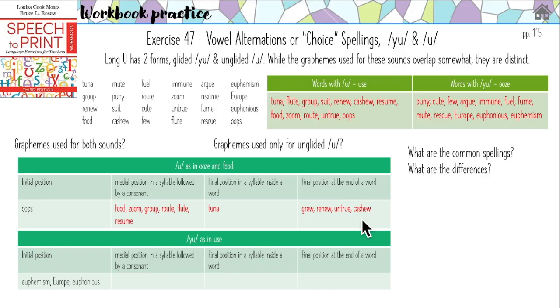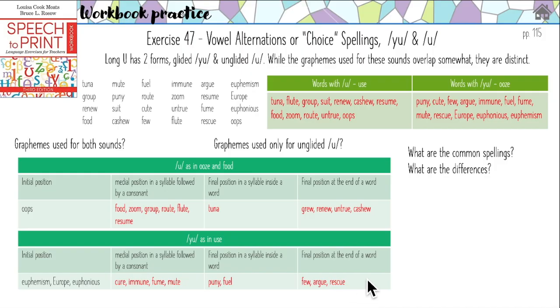Okay? Now let's take those same words and let's look at you. In the initial position: euphemism, Europe, euphonious. Middle: cure, immune, fume, mute. Final: puny, fuel. And final at the end of the word: few, argue, rescue.